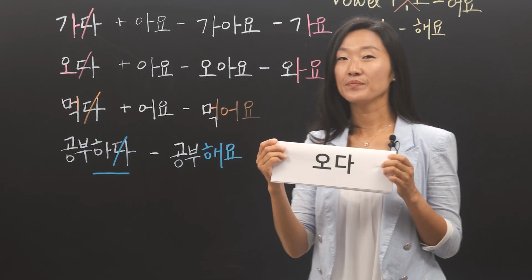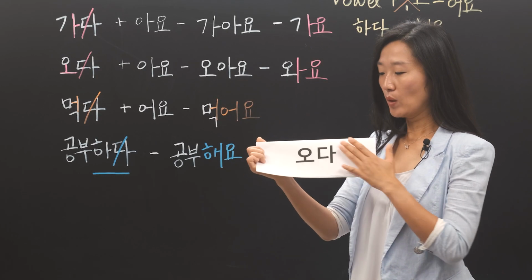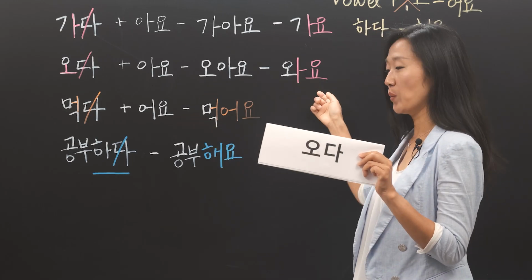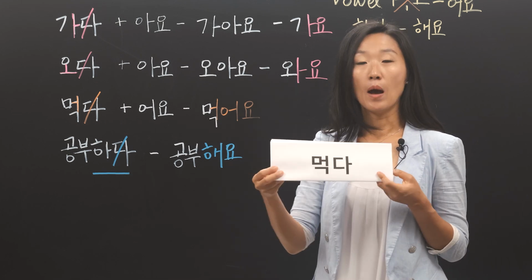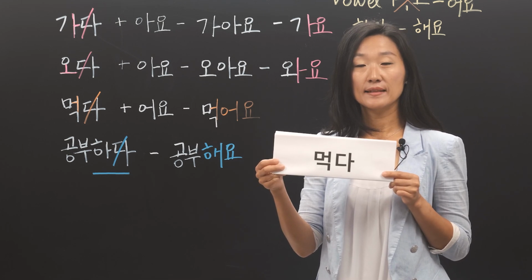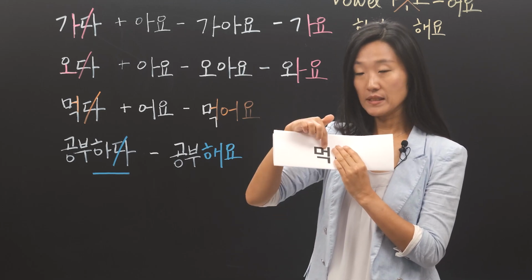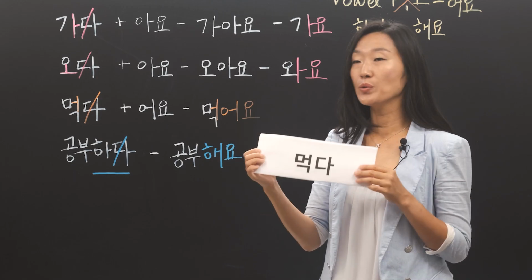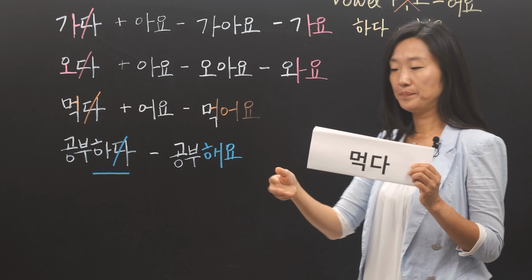To come. 오다, 와요. 오, 아, 와. 오다, 와요. 먹다. To eat. The last vowel is o, so we add 어요. 먹어요. 먹다, 먹어요.